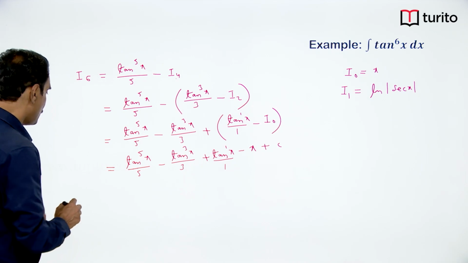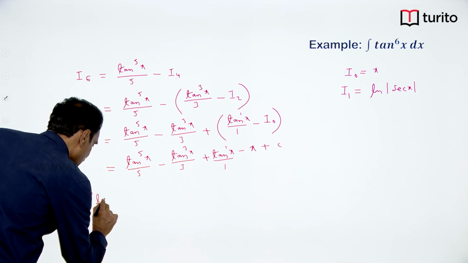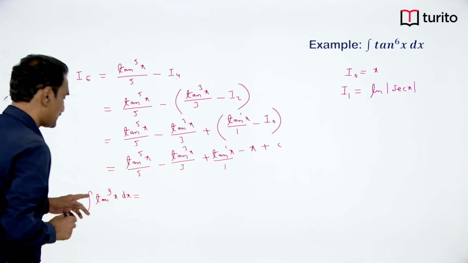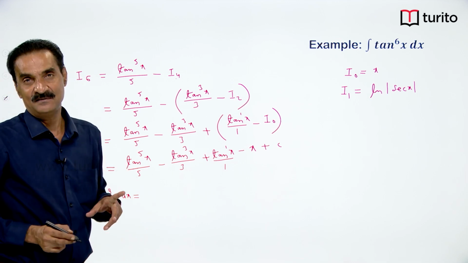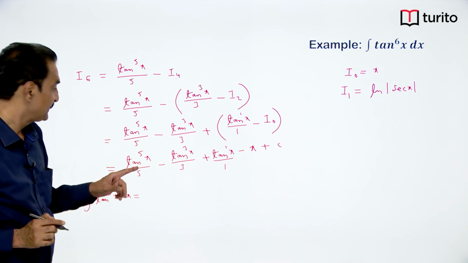Now, I will show one more example. Suppose you want integral tan power 9x dx. It is I9. Will you be able to write the answer in one step? Yes.